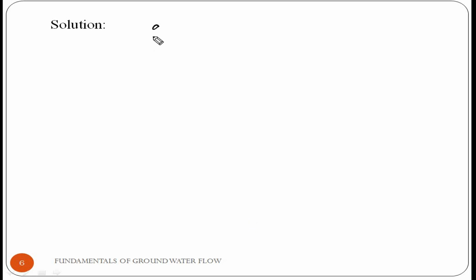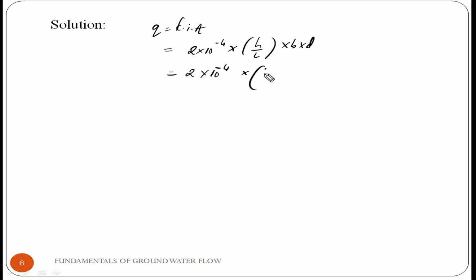So we know that Q is equal to KIA. So discharge or seepage Q is equal to KIA. We can write K is equal to 2 into 10 to the power of minus 4, and I is H by L, into B into area D. H is the differential elevation, 125 minus 115, and length is 160, into 1 into 3.